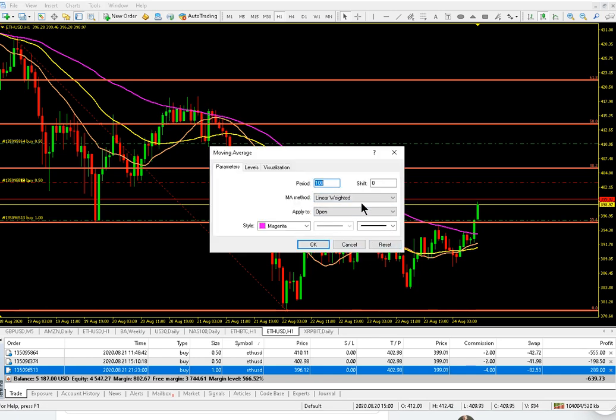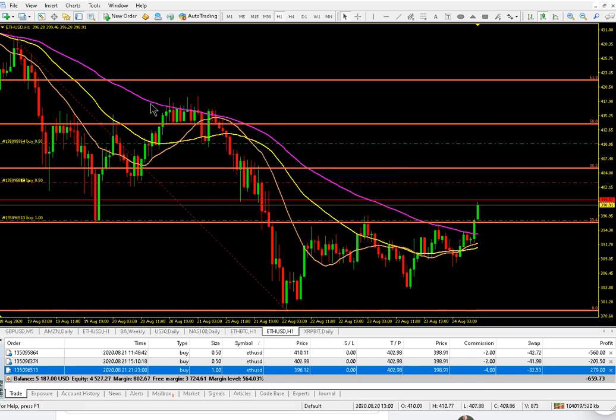Or linear weighted, not EMA. EMA would mean the exponential moving average. So actually we're looking at LWMA, linear weighted moving average. So looking at 100 period, that means 100 periods of data is this magenta colored line, represents the main trend.